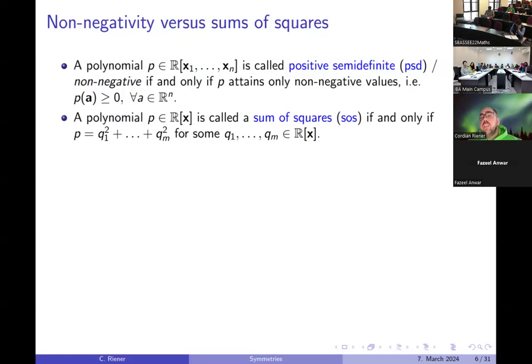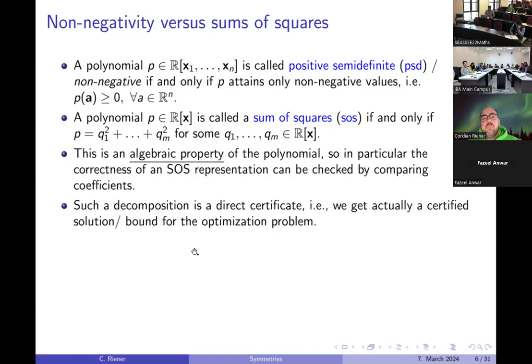Okay, why is this interesting to have a sum of squares? First of all, this is obviously an algebraic property. If somebody comes to me and hands me the right-hand side of this equation, namely this q1 squared plus q2 squared and so on, I just have to check, linear algebraically, that the two sides agree, that p is actually this decomposition. This is just comparing coefficients.